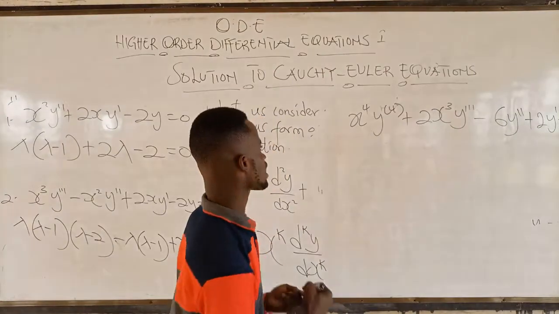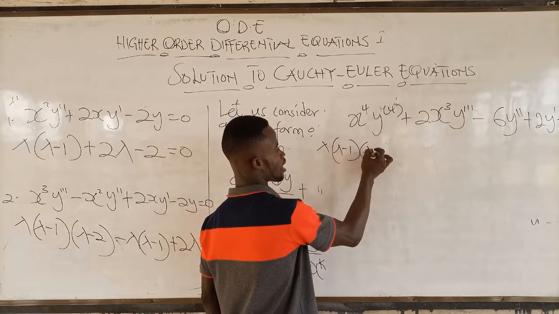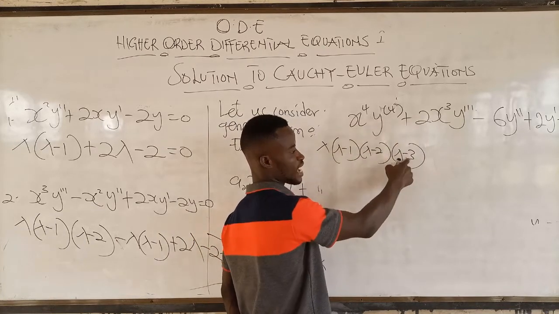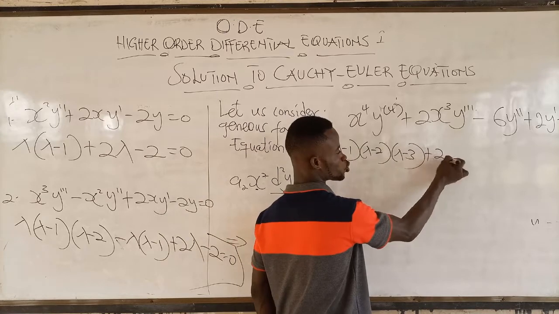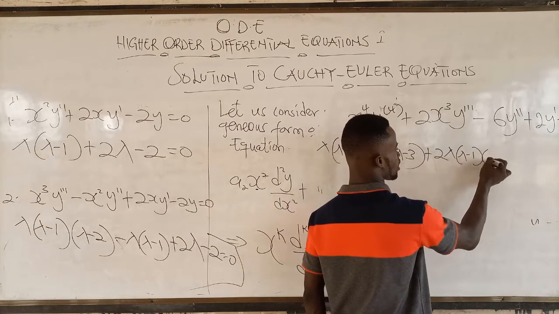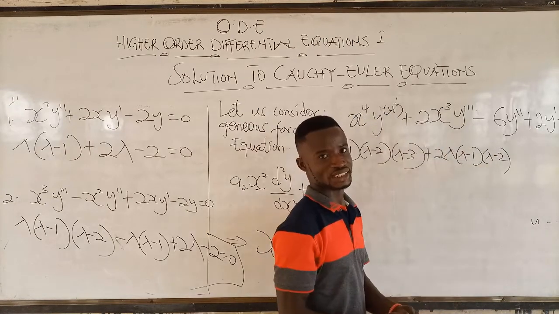Alright, so let's see how we write the characteristic equation. Lambda minus 1, lambda minus 2, lambda minus 3, fourth order ends at 3, plus 2, lambda minus 1, lambda minus 2, third order ends at 2. Hope you can see that.